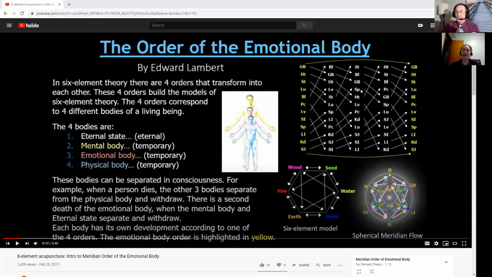Yes. And I know we have these bodies. The physical is the one that dies when we die. The emotional is this one you were talking about that, of course, does not die, and the person sometimes doesn't understand that he or she is dead.